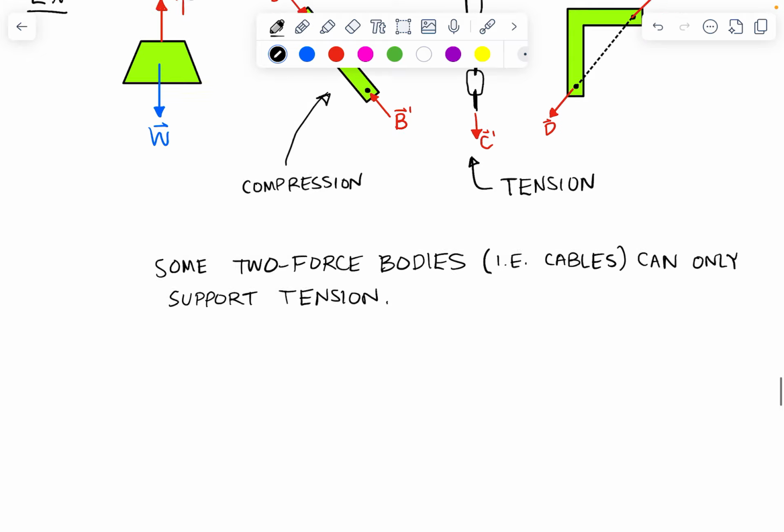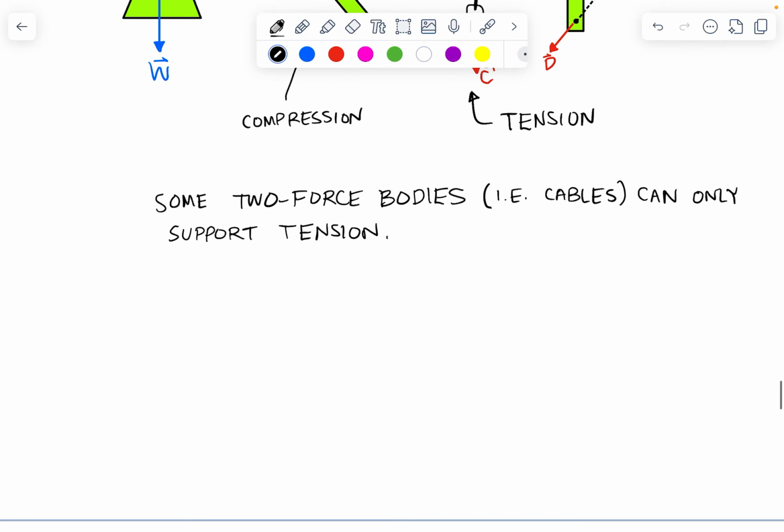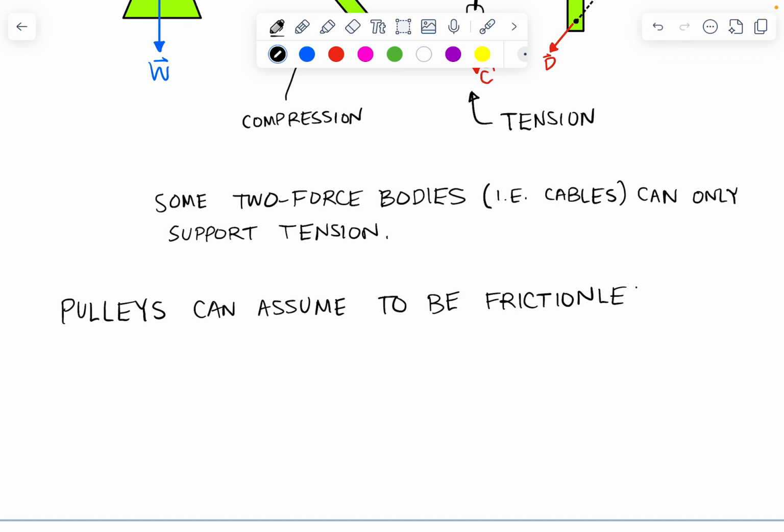So, another thing to keep in mind when we see components in this class. We're going to talk about cables and we're going to talk about pulleys. So pulleys, which we've already seen, we can assume that they are frictionless. We're not going to cover friction until pretty late in this course, so for most of the time we will not be dealing with friction at all.